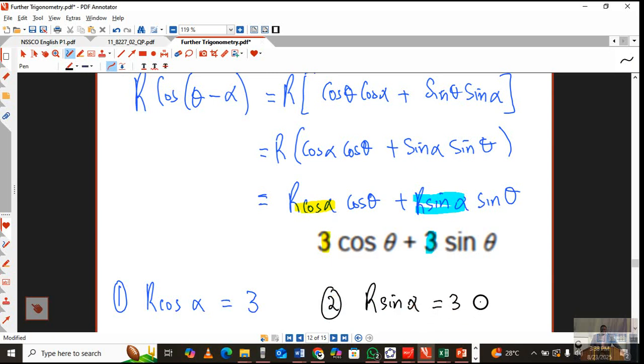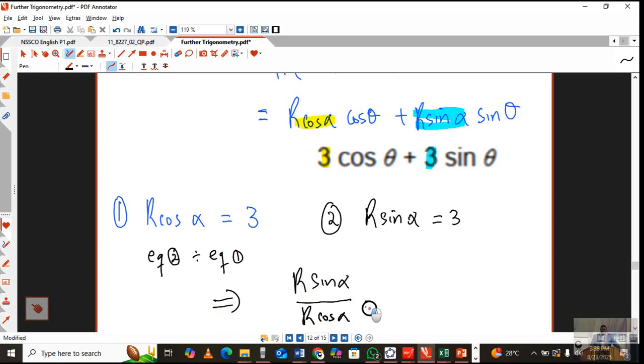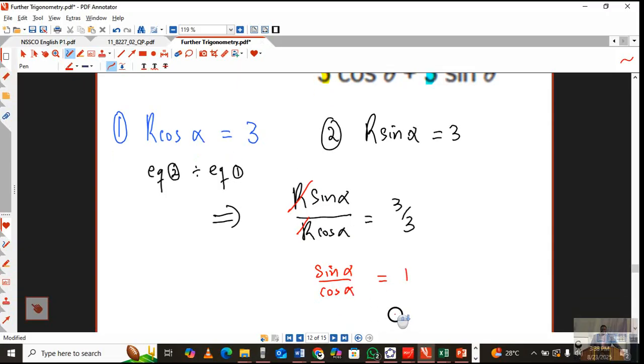Now, if you take equation 2 and divide it by equation 1, this is going to give you r sine alpha over r cos alpha, and this is definitely 3 over 3. You're going to see that the r's will cancel, and you'll be left with sine alpha over cos alpha equals 1.